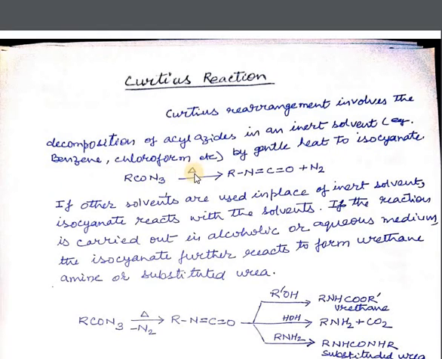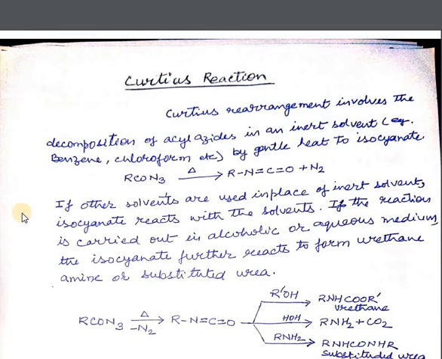So this azide is heated to give isocyanate and nitrogen. Whenever you heat azide, always this nitrogen molecule will evolve from this reaction. Now we have said here that this reaction occurs in some inert solvent like benzene or chloroform.